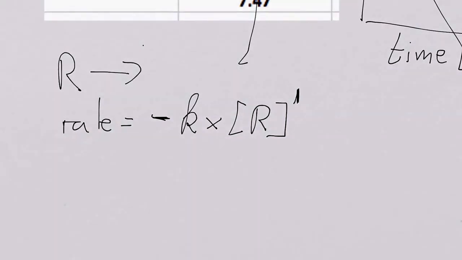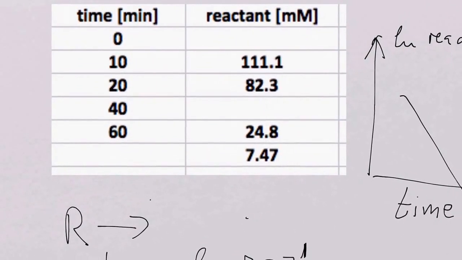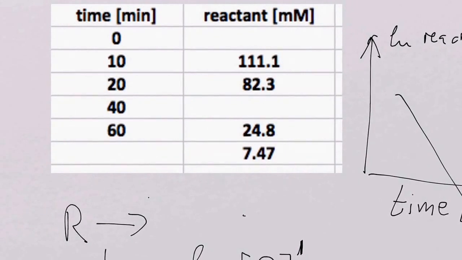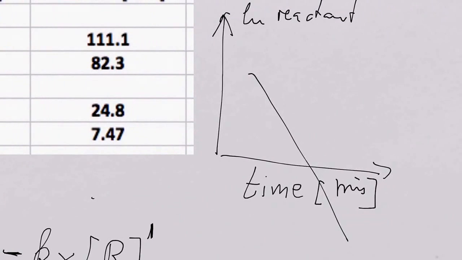Then the next question would be, from these data here, calculate the rate constant. Do not use the graph. Why do I say don't use the graph? Exactly.